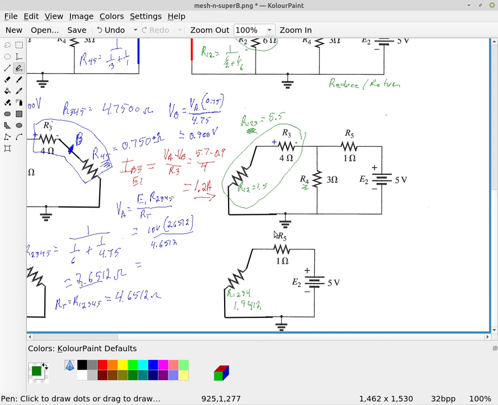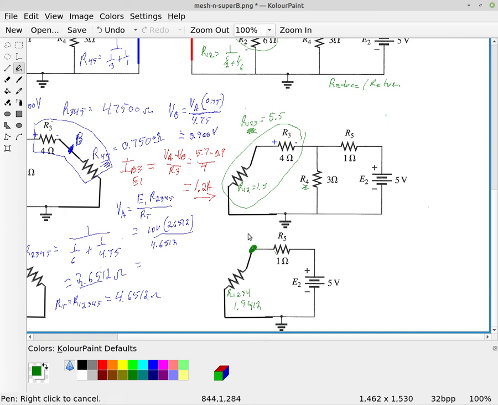All right, and then that, of course, is in series with R5, the 1 ohm. But we really don't have to go quite that far. We can do voltage divider again, so we can find the voltage at this node.